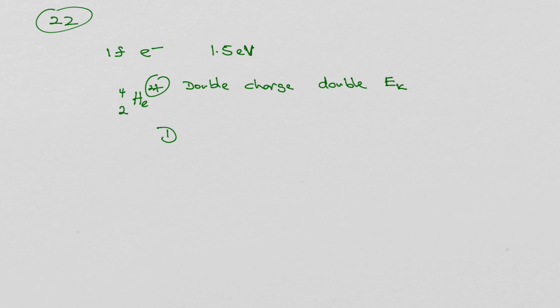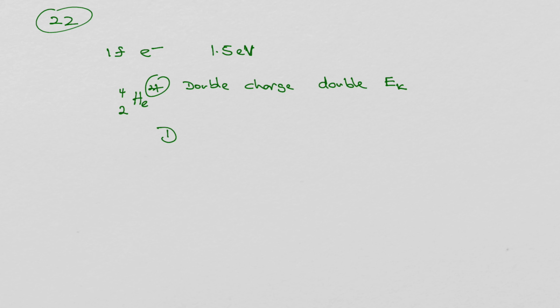22. Charged plates X and Y have a potential difference of 1.5 volts between them. Which particle gains 3 electron volts of kinetic energy when moving from Y to X? Is it going to be a proton? A proton has plus 1 charge, so it wouldn't double the electric potential energy.